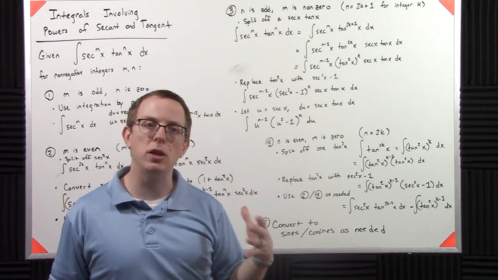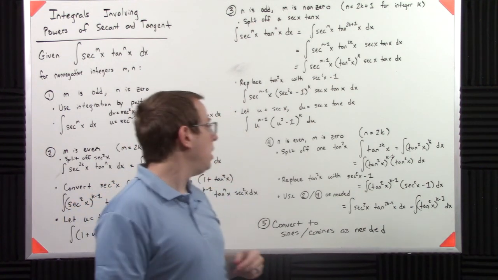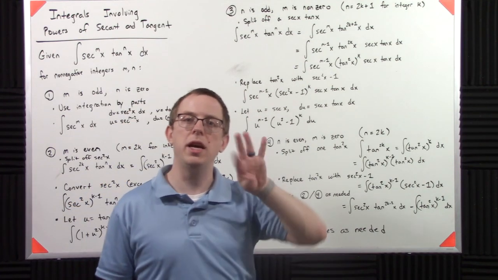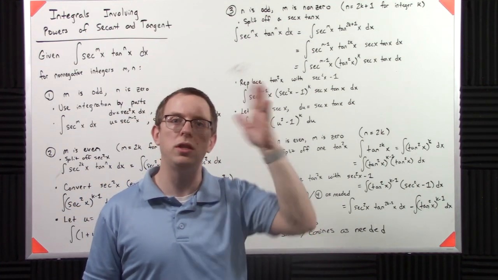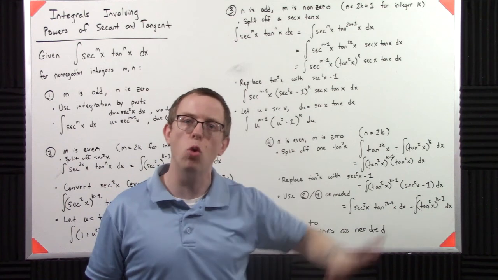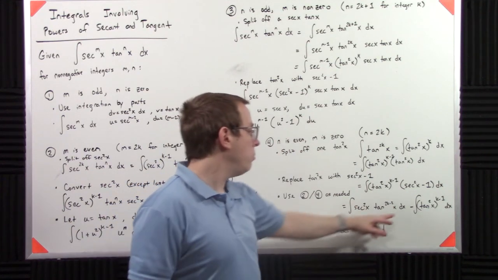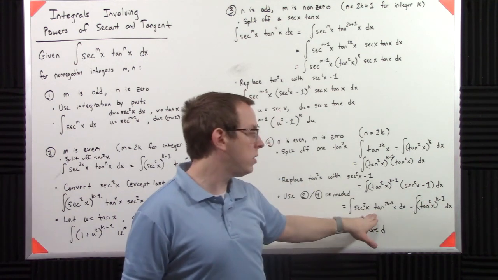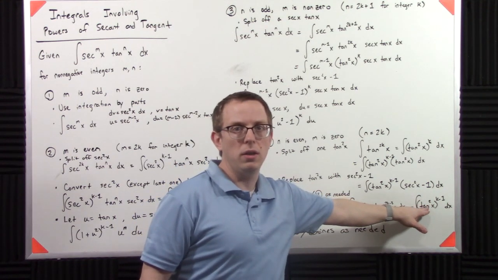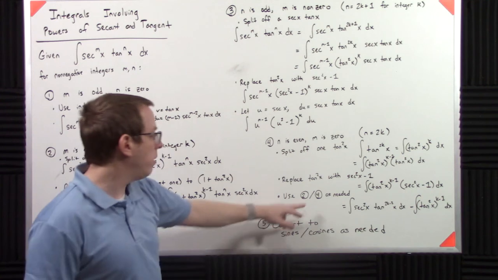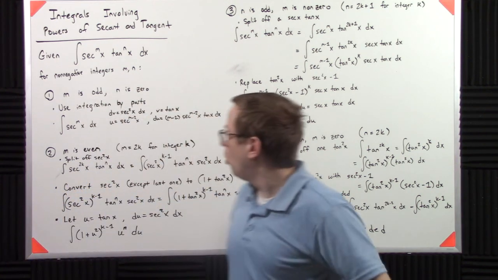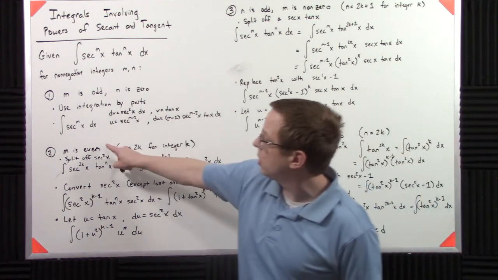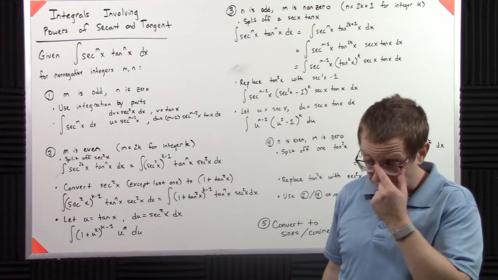The reason that's problematic is because if it was just tangent squared, you only have to do it once and you're done. But if it's tangent to the 4th, you have to do it again. If it's tangent to the 6th, you have to keep going. You might have to do it again, and then again, so you have to repeat, because this integral will use this methodology.